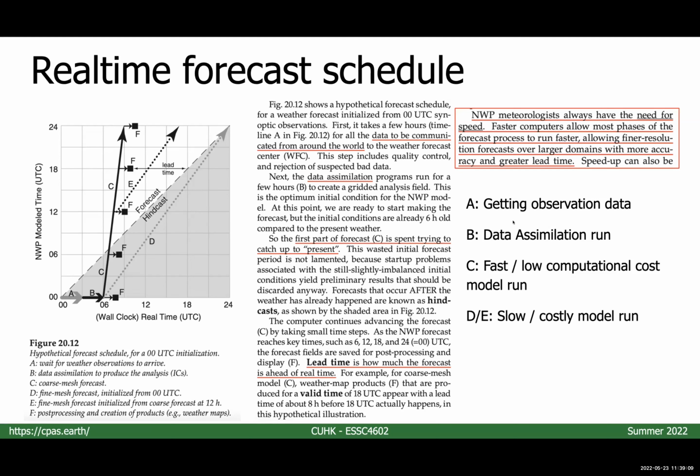Usually, this is another topic that is out of scope in this course, and there are simple methods and complicated methods to carry out such data assimilation. So the data assimilation program itself may also need 1 or more hours to run. So this is the time spent on data assimilation, A and B.